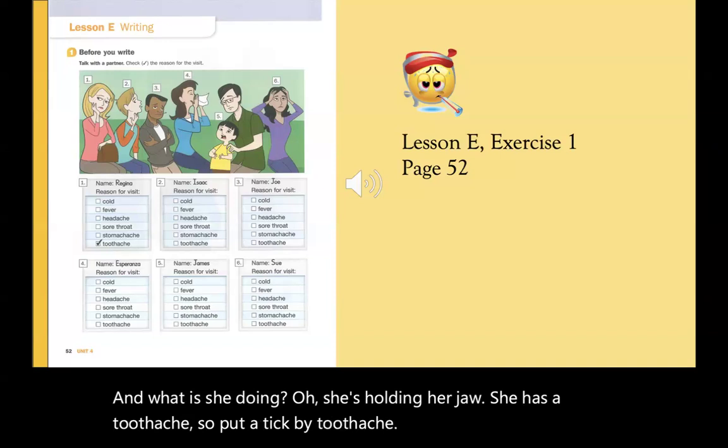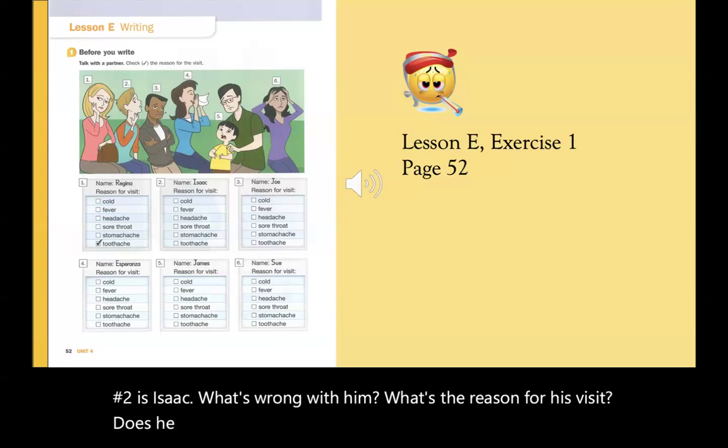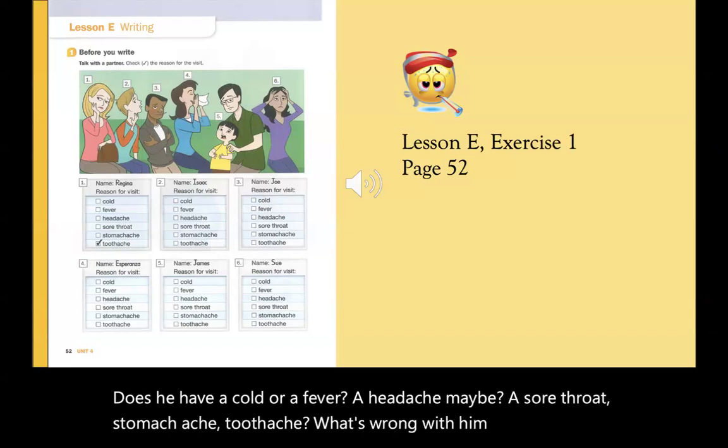Number 2 is Isaac. What's wrong with him? What's the reason for his visit? Does he have a cold or a fever, a headache, maybe a sore throat, stomach ache, toothache? What's wrong with him? Look at the picture.